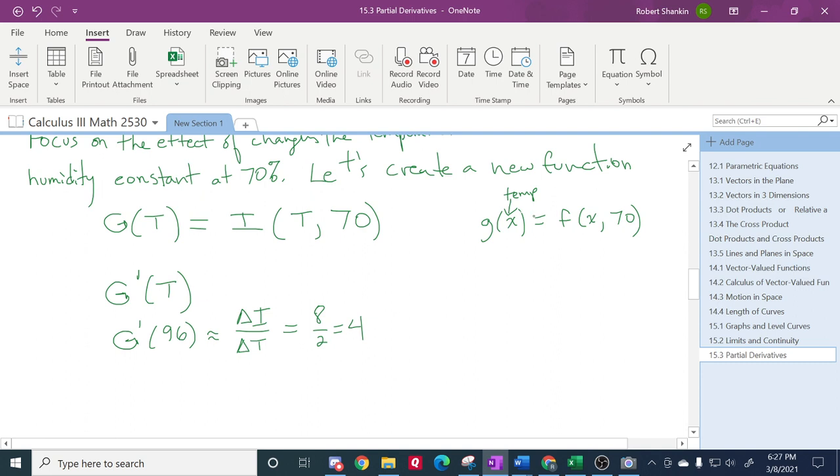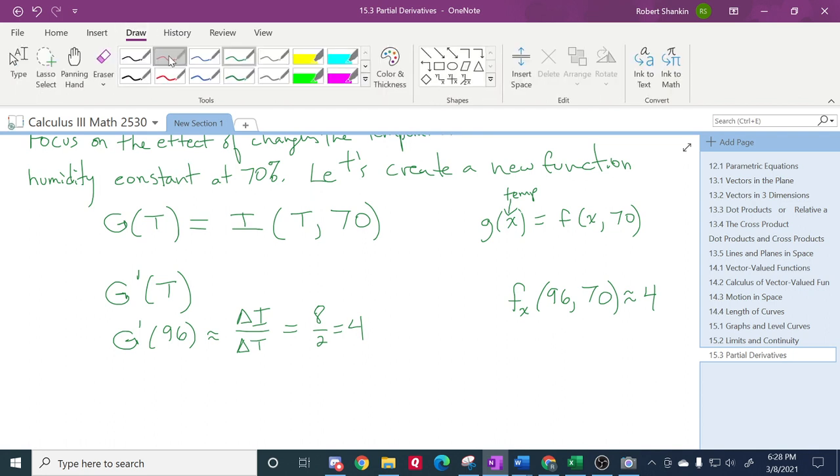Okay. Now, when we get using this kind of notation, we wind up going to something like this. F, and we put an X under here. And we would say, and this right here, we say it's the partial derivative.